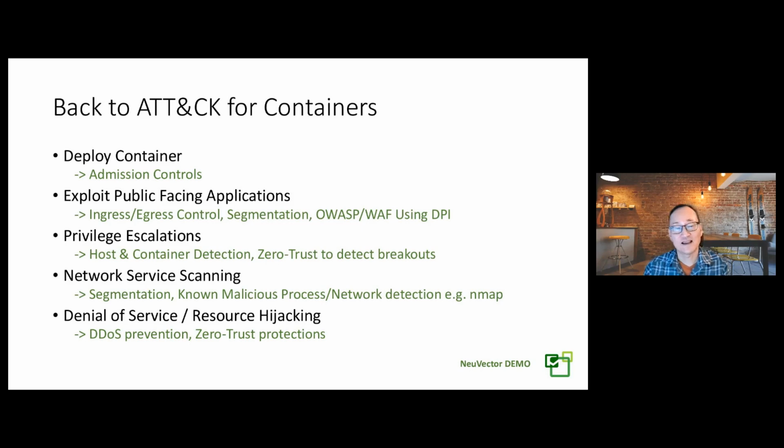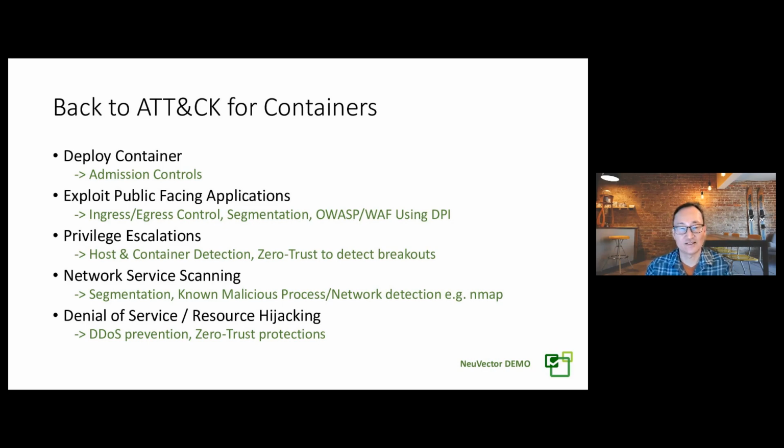Network service scanning is another one. It's obviously a common technique for figuring out what's the next point in my kill chain of attack. Where can I go? How can I find an application that's vulnerable now? How can I find a source of data that I can steal? So in order to prevent network scanning, use network segmentation, don't allow inappropriate network connections.